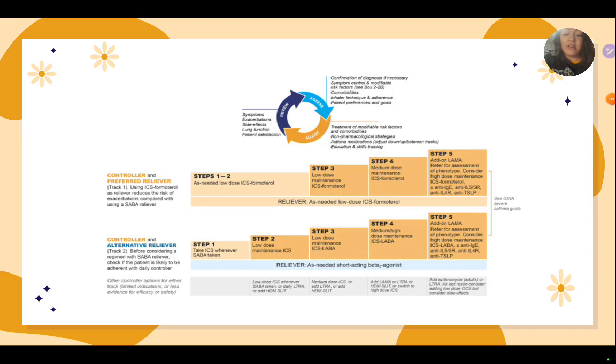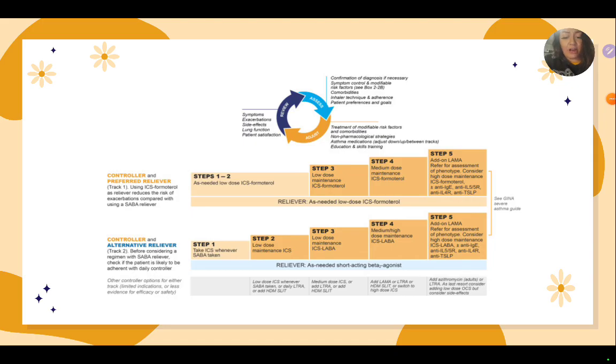In step 3, they occur 3 to 4 times in a month, or approximately once a week. In step 4, nocturnal awakenings occur 1 or more times per week, or 4 or more times per month. And in step 5, nocturnal awakenings are occurring nightly, or most nights per week.